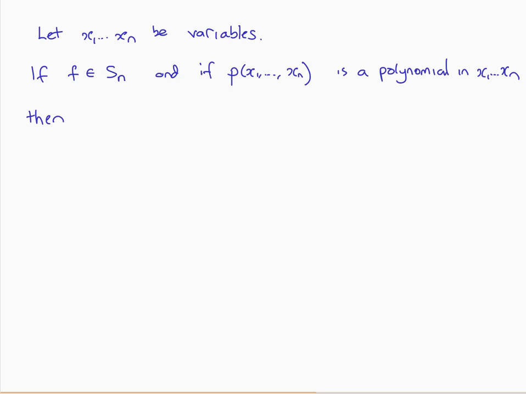then we can define a new polynomial, f of p, to be the polynomial you get by permuting the variables, by letting f permute the numbers of the variables.